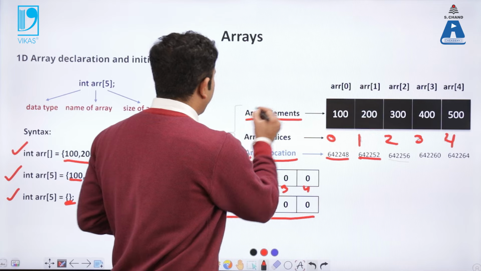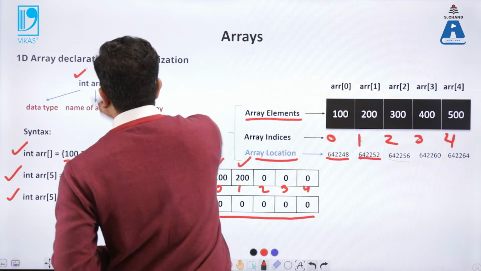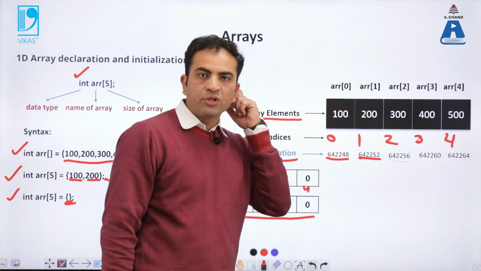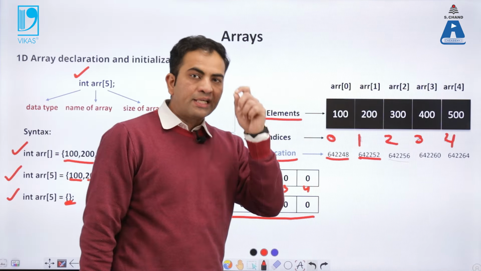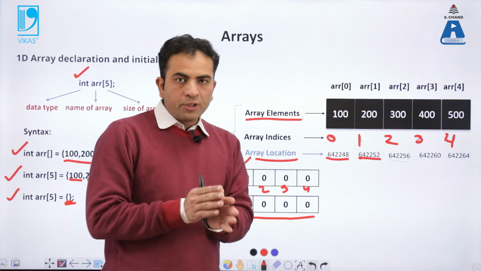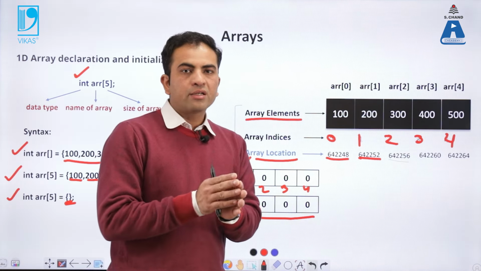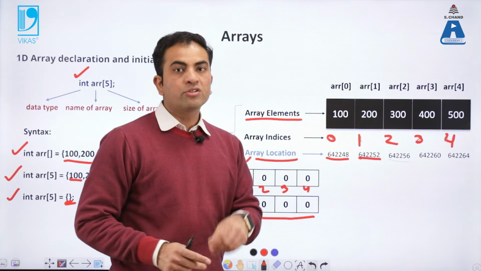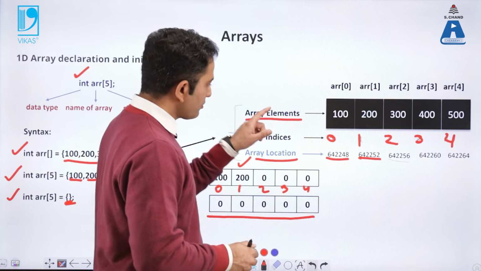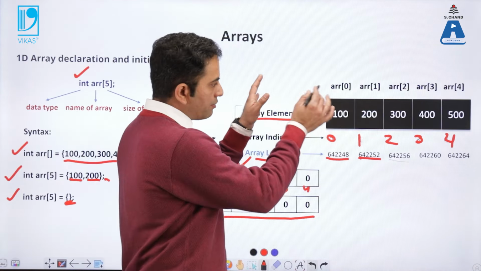So this is an integer type array, and in our previous classes and videos we have studied that the integer data type has either 2 bytes or 4 bytes. For a 32-bit processor, the integer takes 2 bytes, and for a 64-bit processor the integer takes 4 bytes. The same thing happens here.